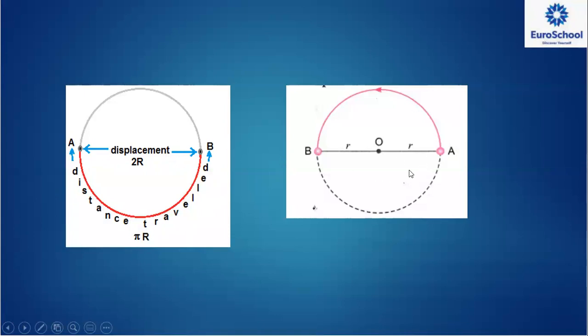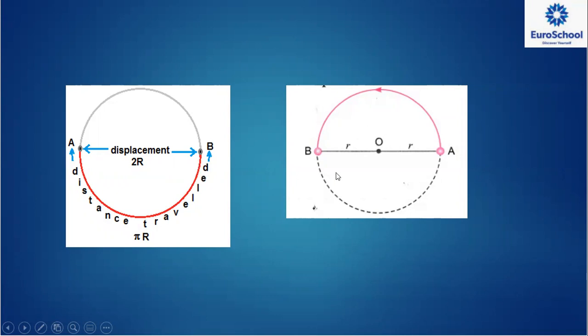Once you see this picture, if you take the center point O and divide the circle exactly through the center, the line from A to B represents the diameter. Half of the diameter is the radius, so the diameter is divided into two parts, this side r and this side r.